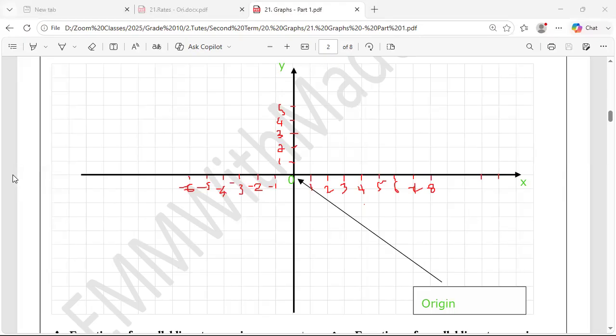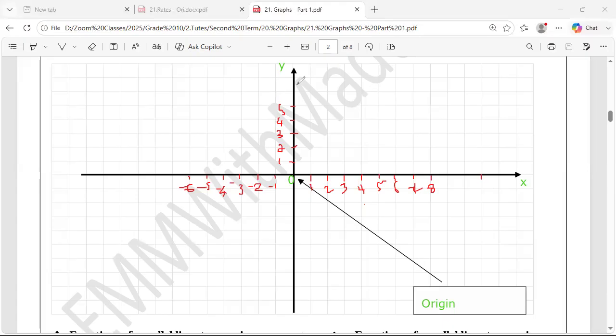Okay. Next. And please keep the labels on the left hand side of your vertical y-axis. And please keep the labels on the downside of the x-axis. Downside of the x-axis, left side of the y-axis.